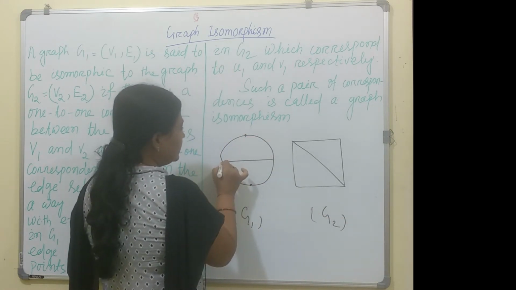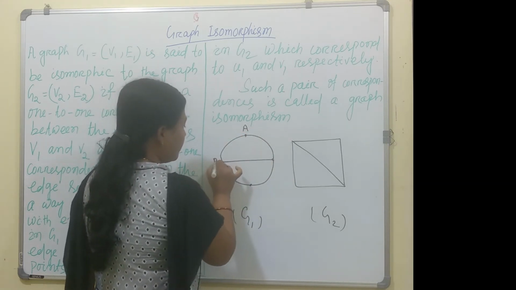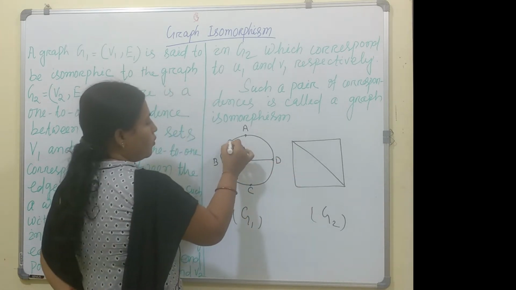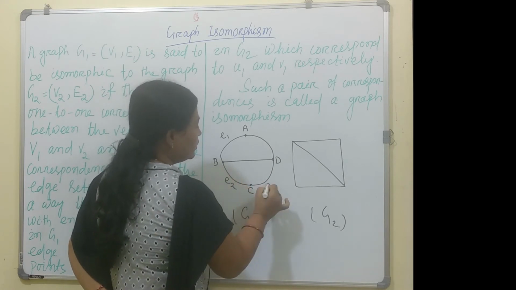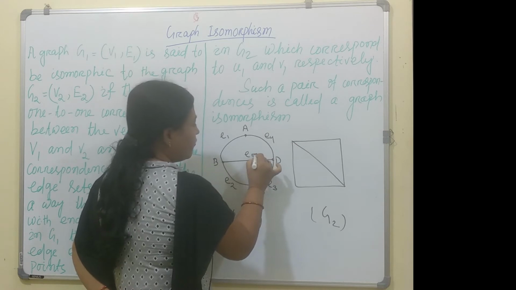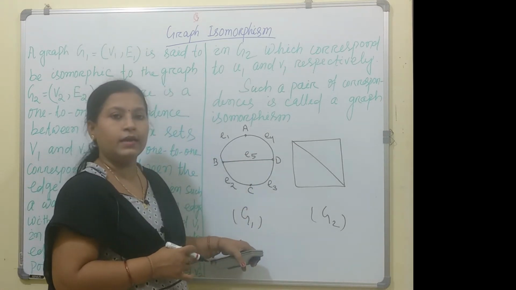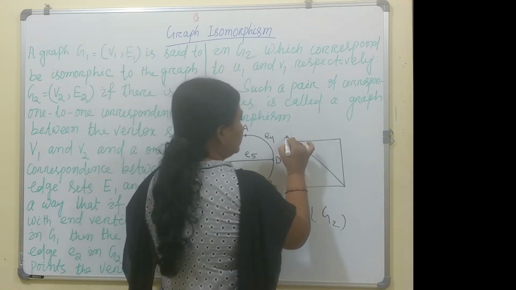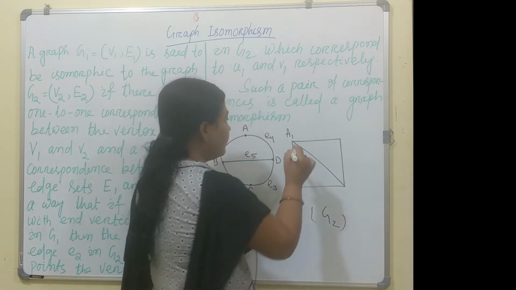In graph G1 there are four vertices A, B, C, D and five edges E1, E2, E3, E4, E5. So 5 edges and 4 vertices in graph G1. Similarly, in graph G2 there are also 4 vertices and 5 edges.